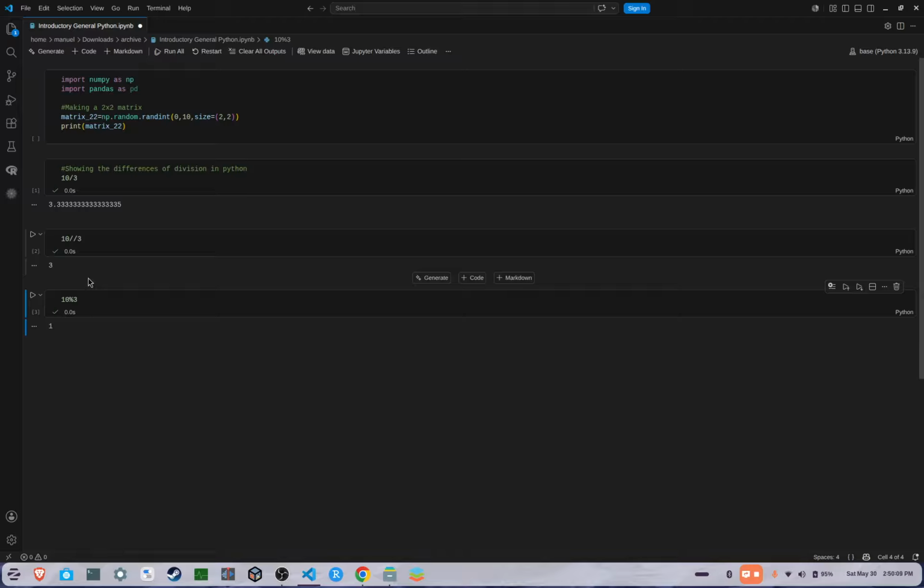Why is this useful? Sometimes we need to do unit conversions when you write a program.